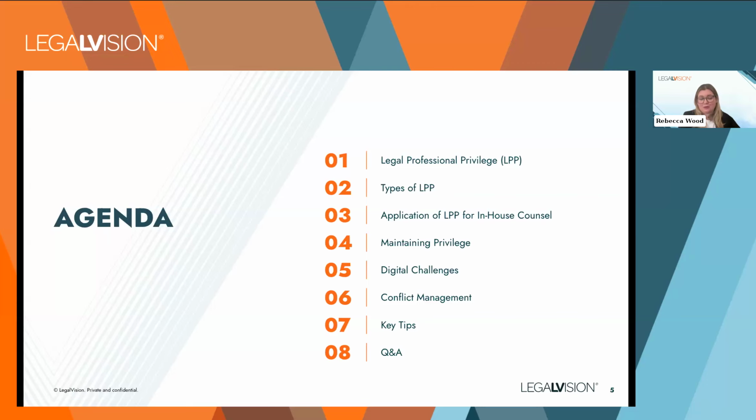We're going to talk about some conflict management strategies, and then I'm going to give you my 10 top tips for maintaining professional privilege and navigating conflicts in your in-house role.